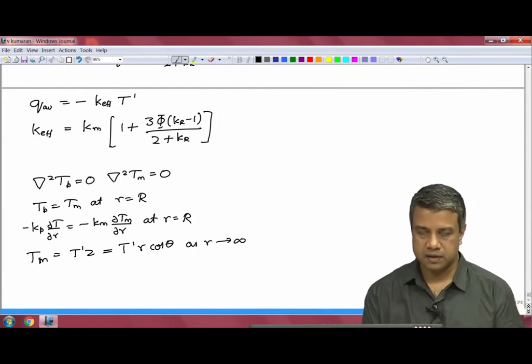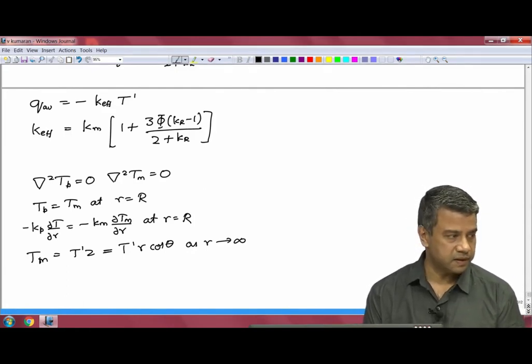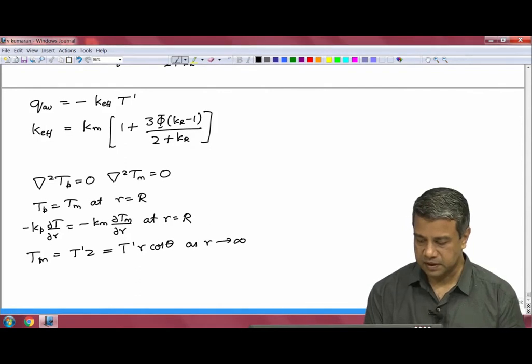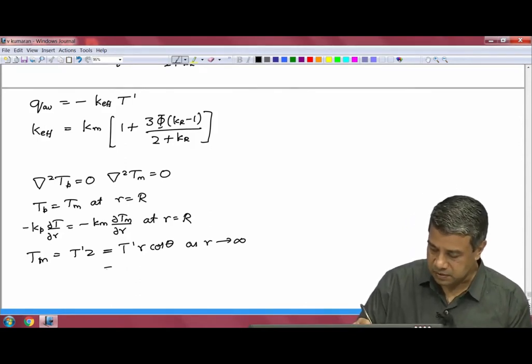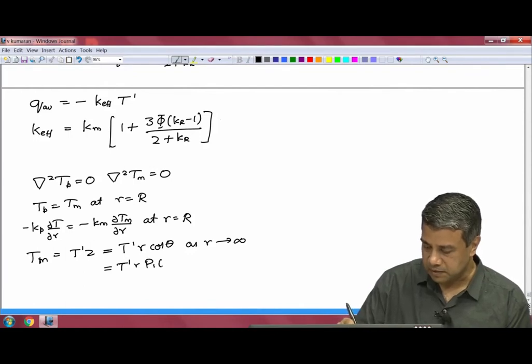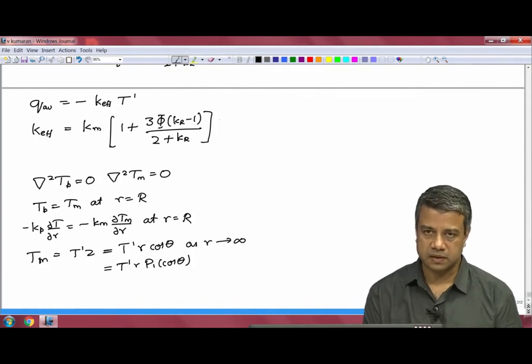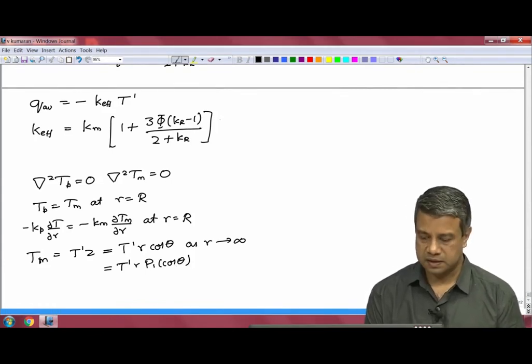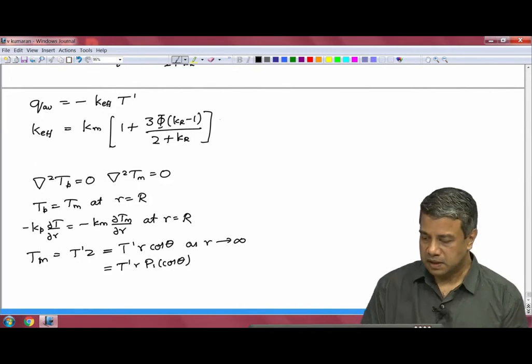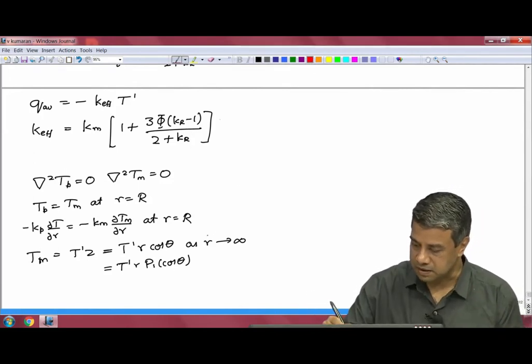So, these were the equations that we were solving, and this T prime r cos theta could also be expressed as T prime r times P1 of cos theta. T prime r times P1 of cos theta was an alternate expression for the matrix temperature as r goes to infinity.